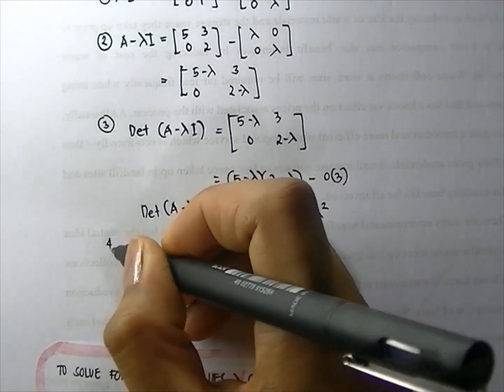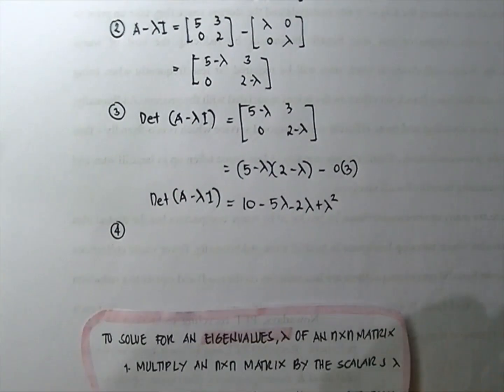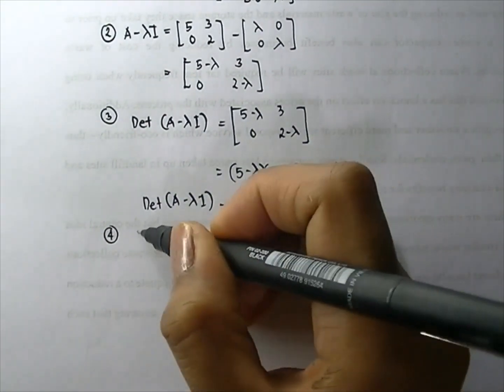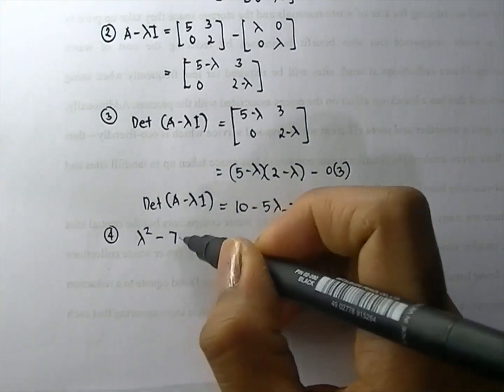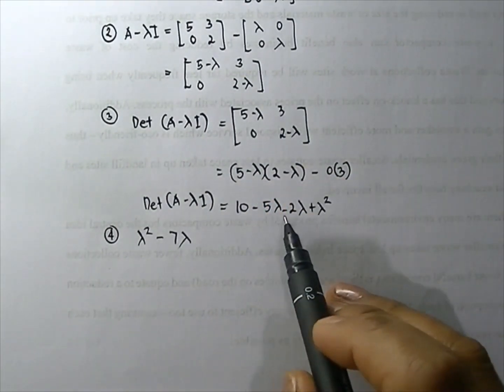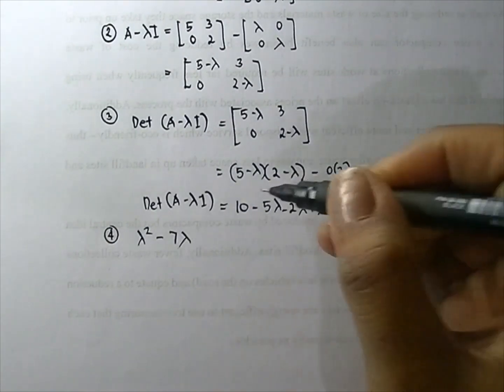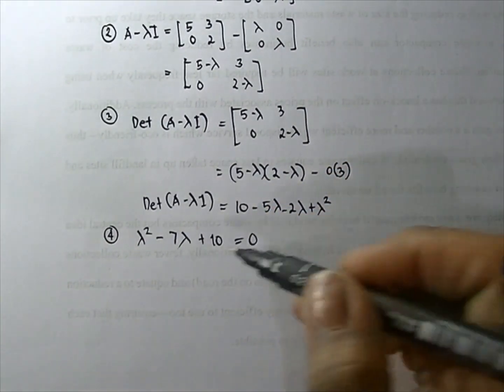So, number 4, find the eigenvalues lambda. To solve for the eigenvalues, let's set this to 0. So, lambda squared minus 5 lambda minus 2 lambda, so minus 7 lambda, plus 10 equals 0. So, get the factors.